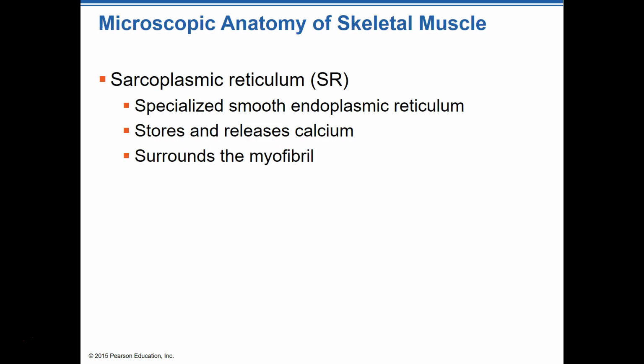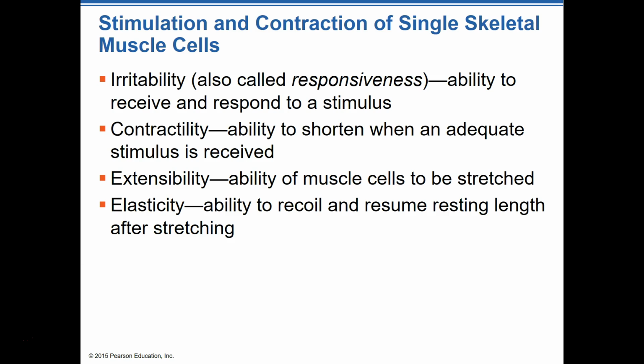But that's how that nerve impulse gets to the sarcoplasmic reticulum to release the calcium. And because that sarcoplasmic reticulum surrounds all those myofibrils, those fibers that run the length of it that have the sarcomeres on them, it's full of calcium. And we'll talk about how that works.